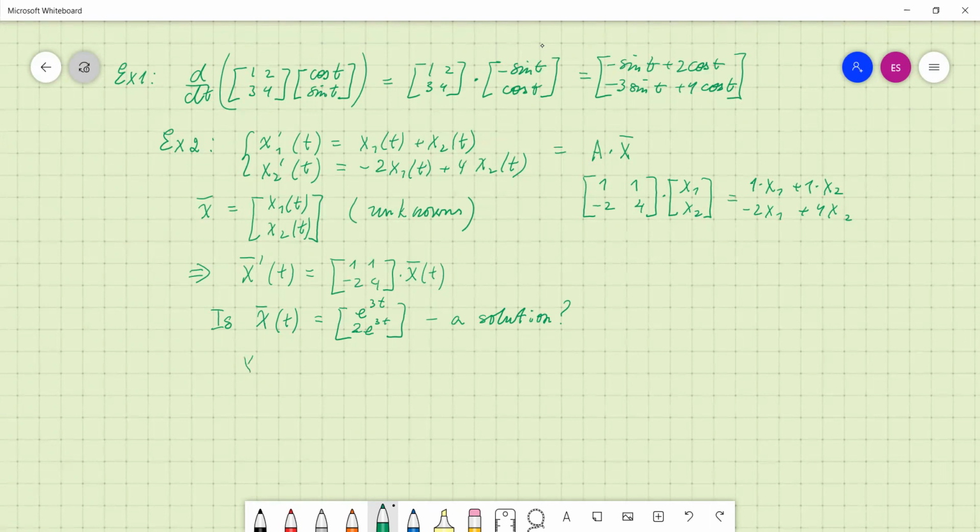Left side is x prime, right? So I'm going to differentiate my vector. X prime is going to be what? Well, differentiation of an exponential function gives the exponential function itself, and 3t is going to give me 3 in front of the function. Here, the same story, we are going to have 2 by 3e to the power of 3t. By the way, guys, when you have the same factor here, you can take it outside.